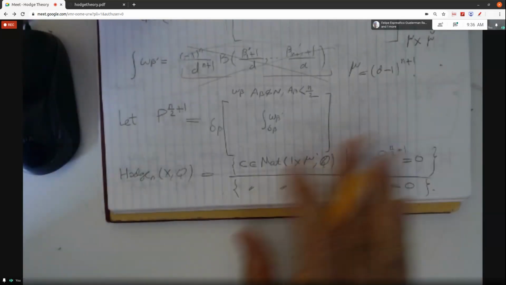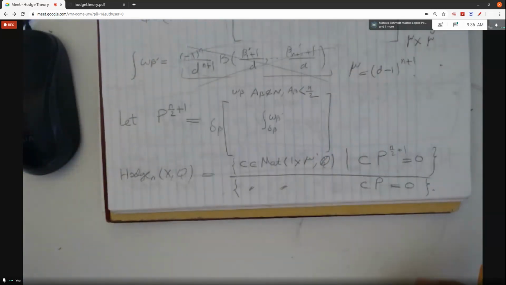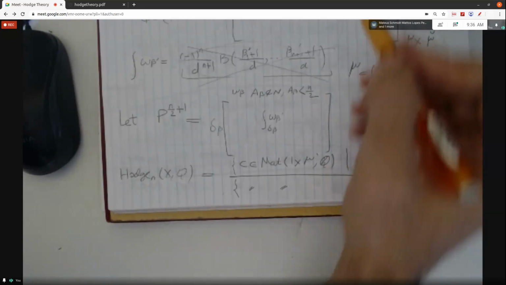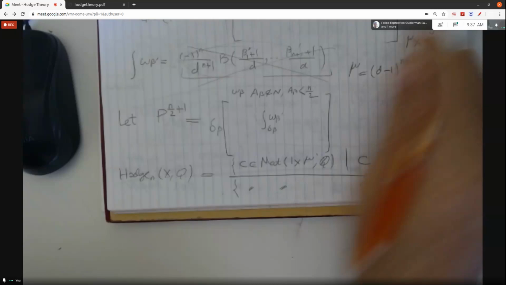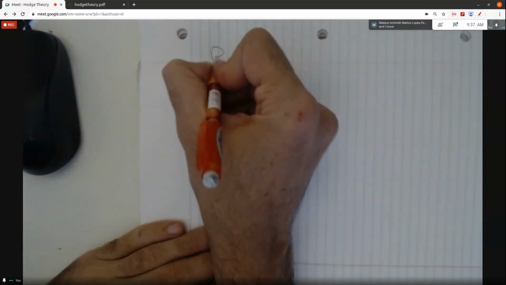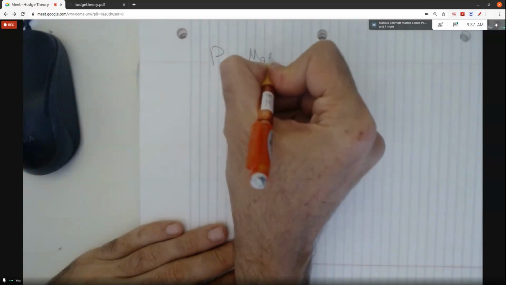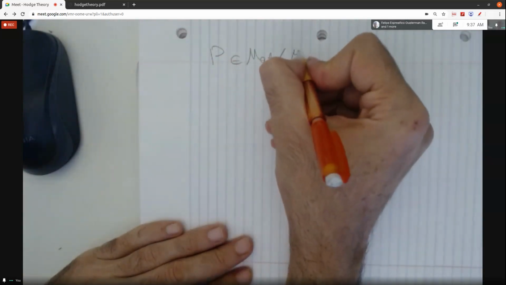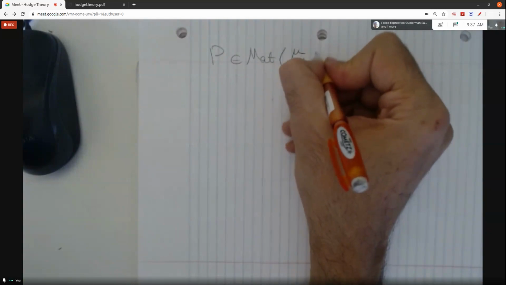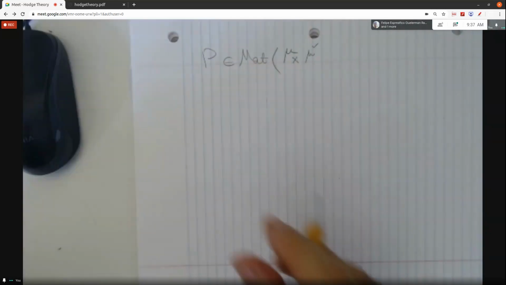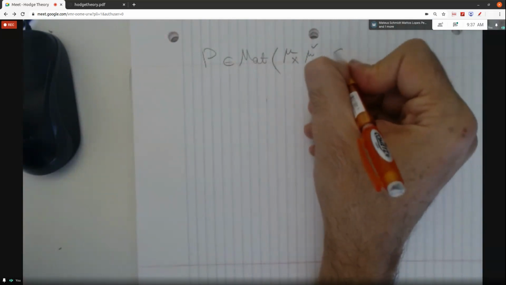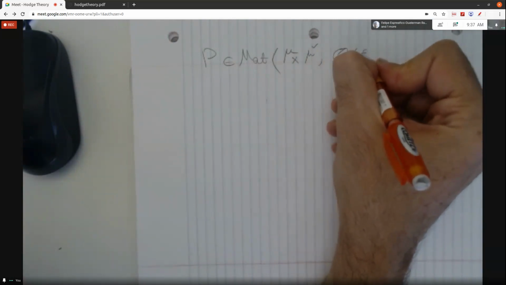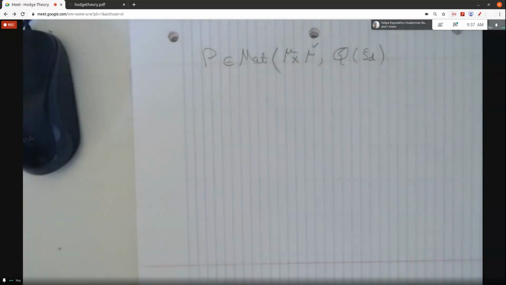Okay, any questions so far? Okay, so what we have is a matrix. So the point is that we have a matrix, mu times mu check, and let's say it is defined in these roots of unity.